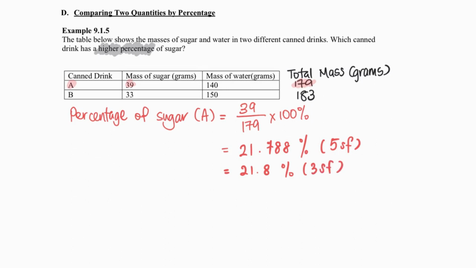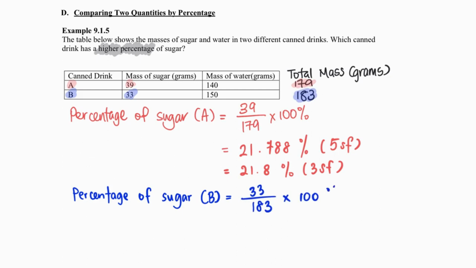And now I am going to move on to try and find the percentage of sugar for B. Here, I will have 33 over the total 183, times 100%.